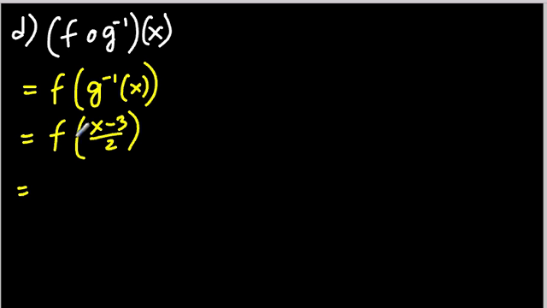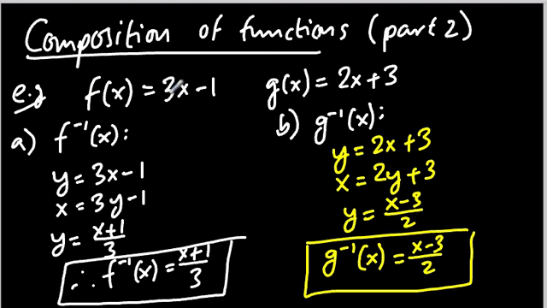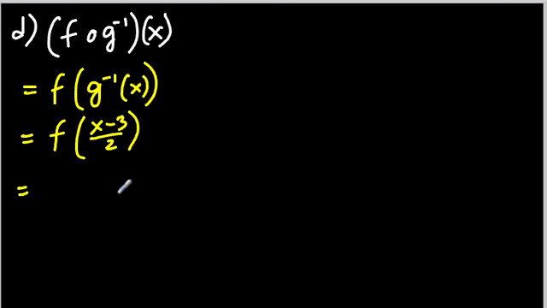And we're going to plug this into f, which is 3x minus 1. So it's 3 times (x minus 3) divided by 2, minus 1.